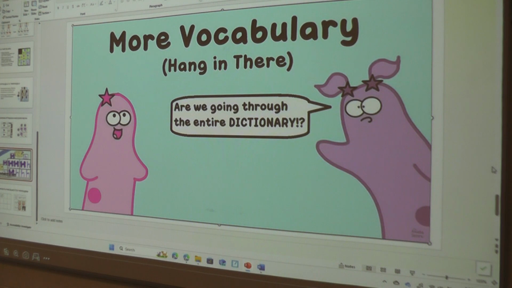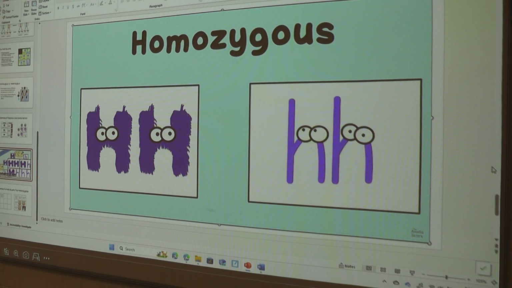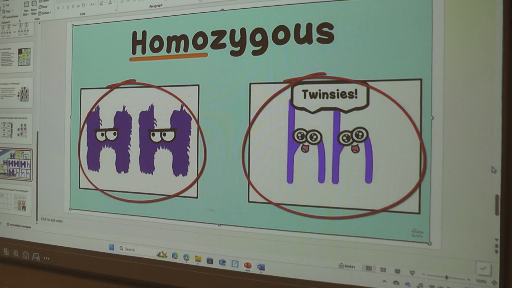Now, we're not quite done with the vocab here. A genotype of big H, big H or little h, little h is considered homozygous. The root in this word means same, and they are the same case. Big H, big H, those are both capital letters, and little h, little h, those are both lowercase letters.